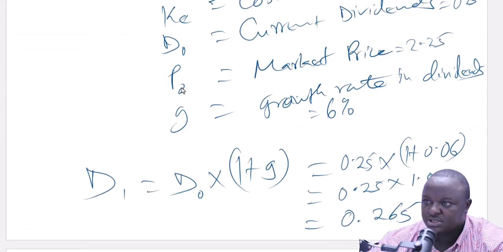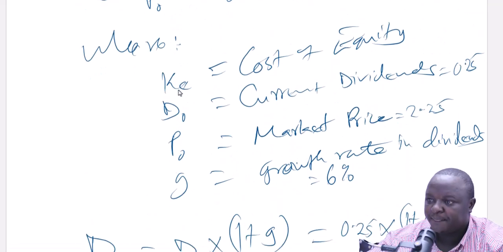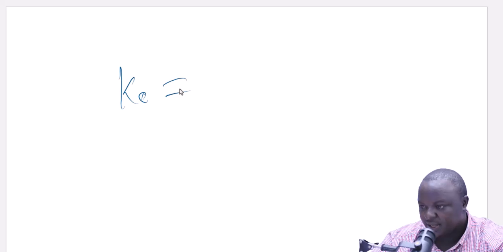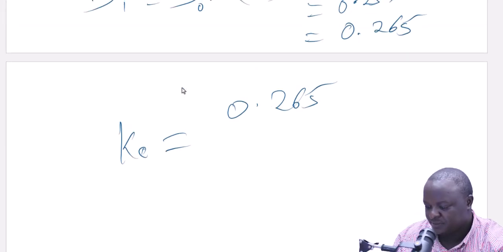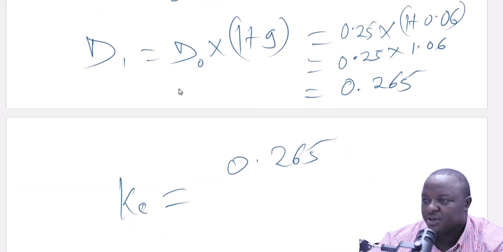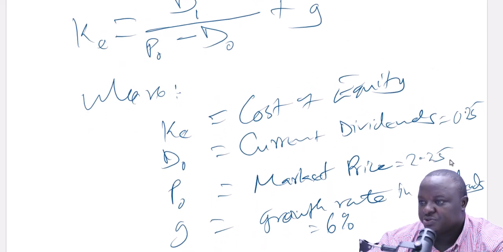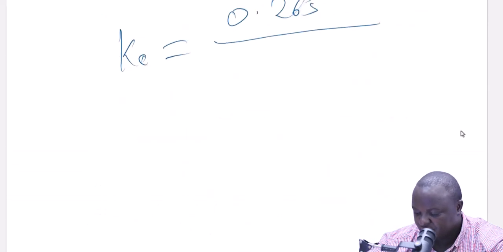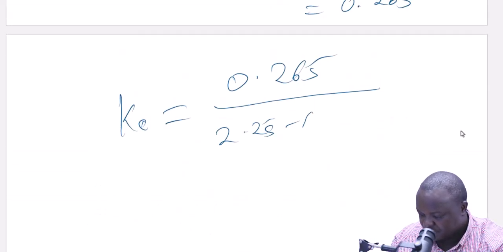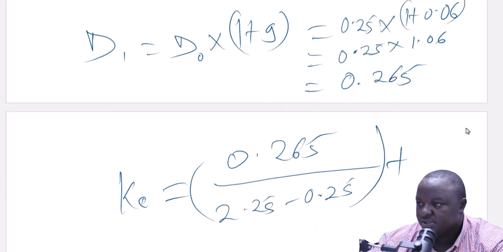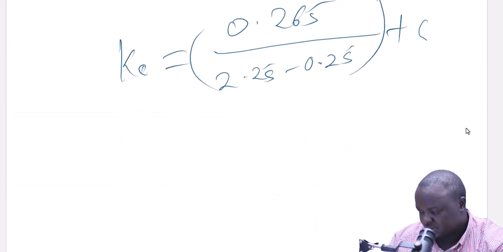So for us to get Ke, it equals 0.265 divided by the current market price of 2.25 minus 0.25, plus 6%, that is 0.06.